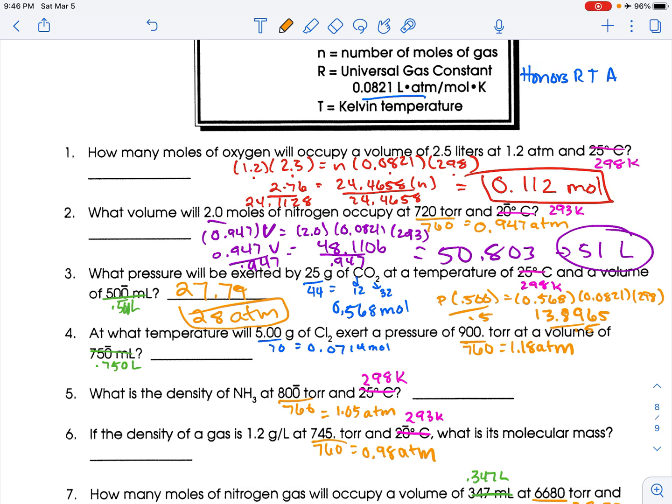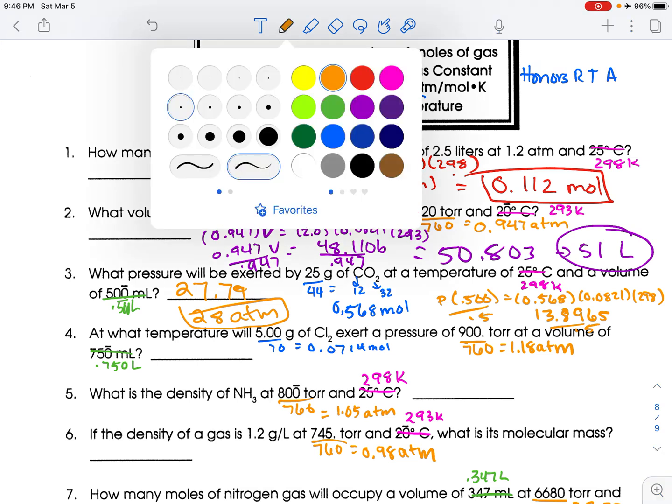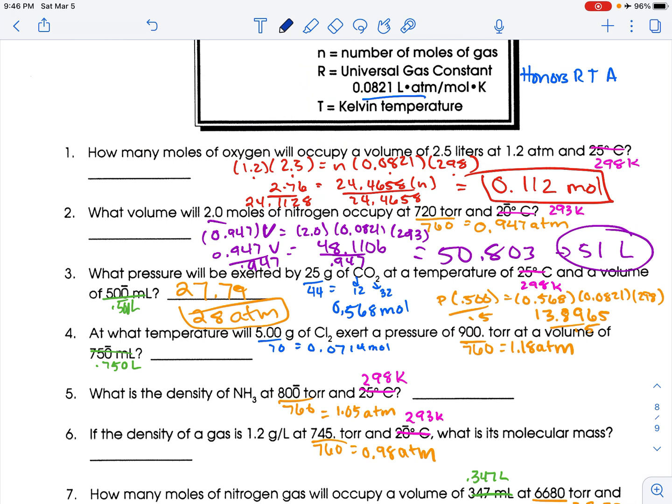And number 4 is the last one I'm going to do. So temperature this time. Once again, they made me convert to moles and atmospheres and liters.